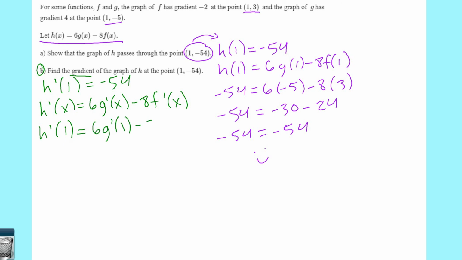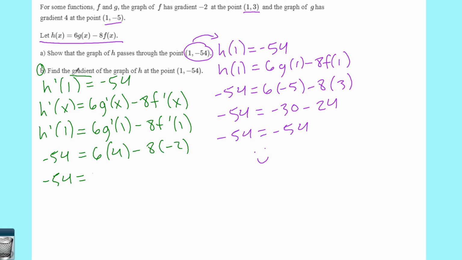Again, this is just to help visualize it. Now we know what those values are. The gradient at g is 4, and the gradient at f is negative 2. So, is that the same?